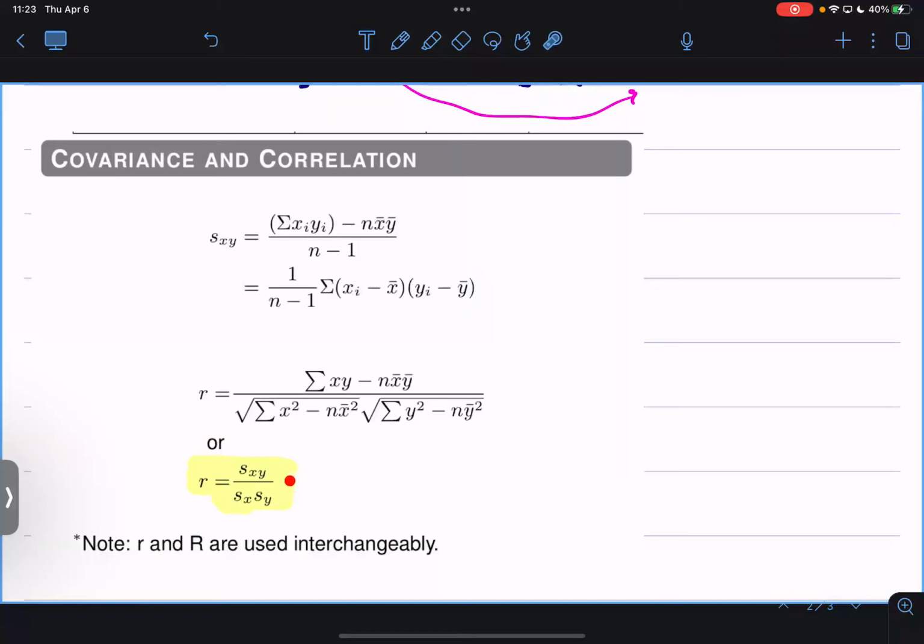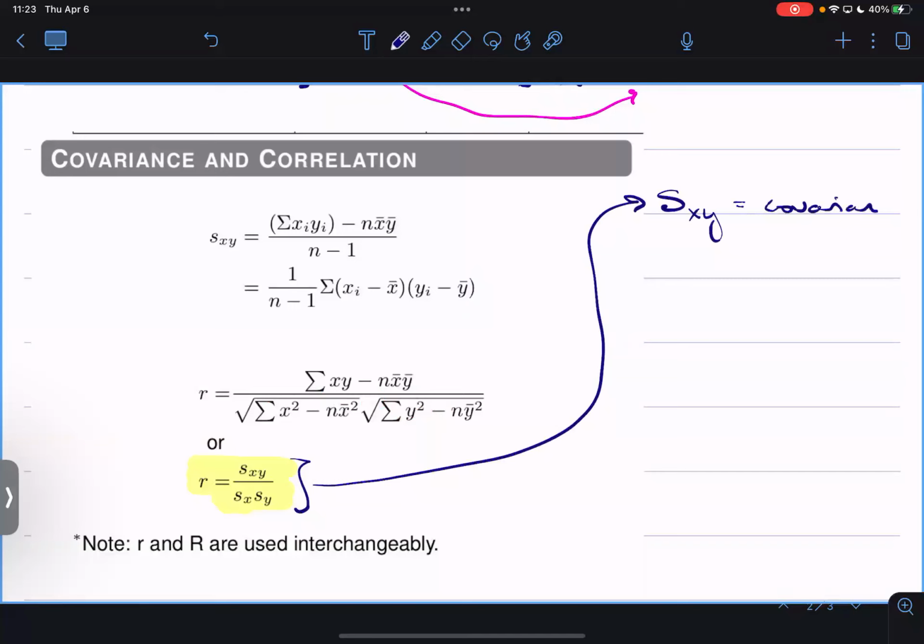So this is the one that we're going to be using on the final exam if you need to. This other one is the one that you would use on the assignment, just for practice. Lots of sums, nothing terrible though. But here, SXY is the covariance.